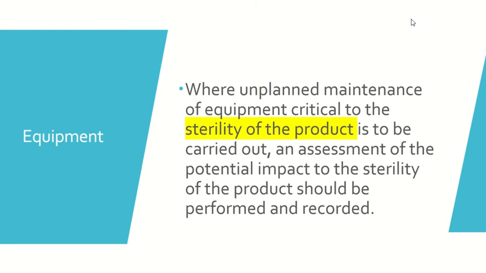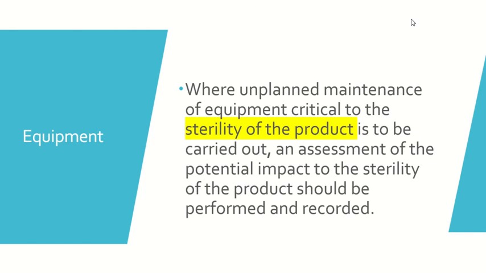For equipment, if there is any unplanned maintenance, like a breakdown, we call it unplanned maintenance of equipment critical to the sterility of the product. An assessment of the potential impact on the sterility of the product should be performed and recorded.